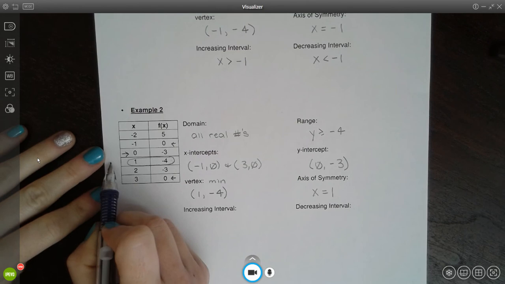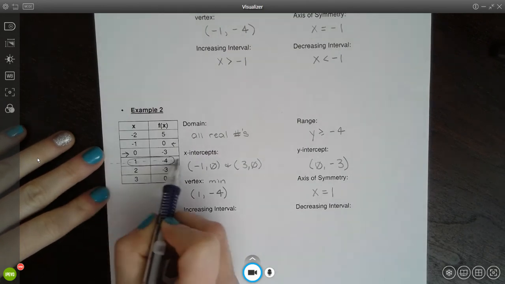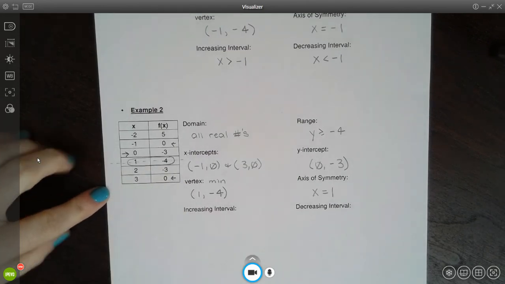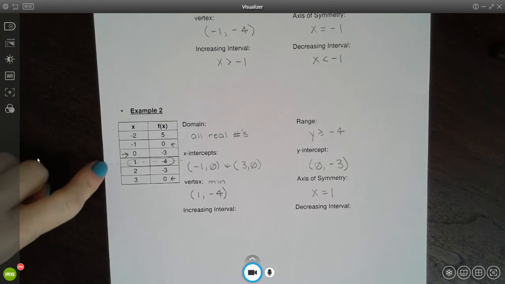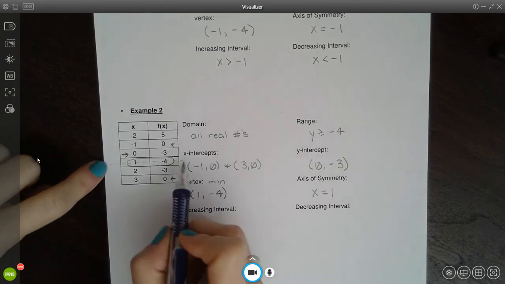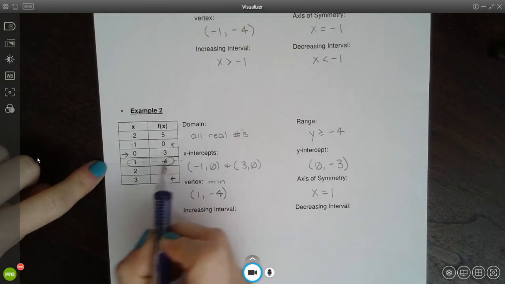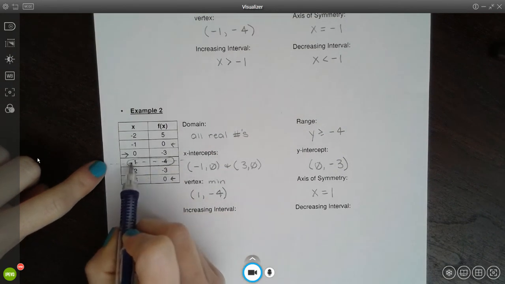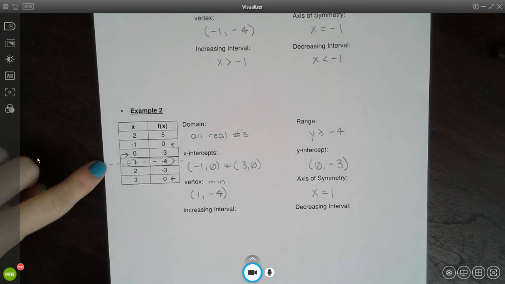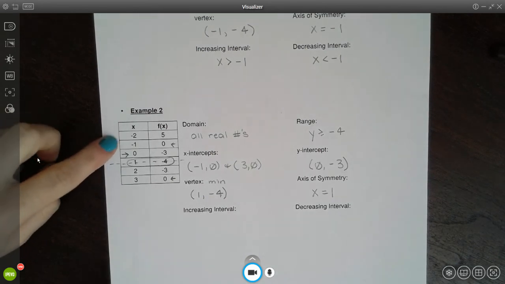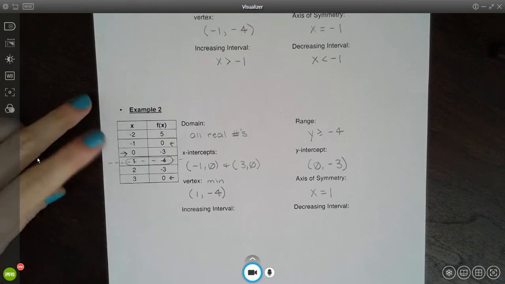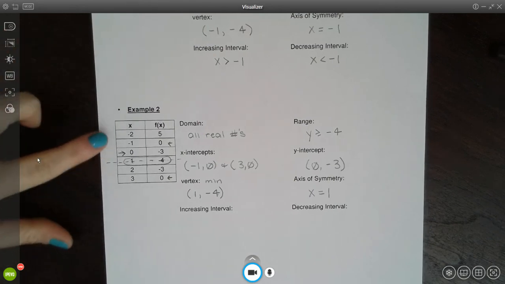These are going to occur around the axis of symmetry or the vertex. So if I'm dealing with a table, I actually draw myself a little horizontal line in my table where the axis of symmetry is occurring so that I know one side is decreasing and the other side is increasing, and I just have to figure out which is which.